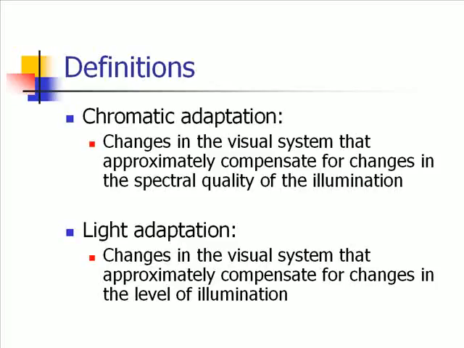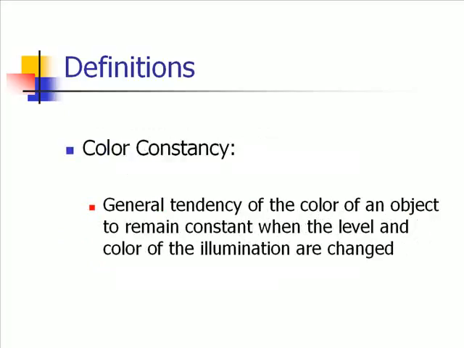Color constancy: the general tendency of a color of an object to remain constant when the level and color of illuminant are changed, similar to what we said before. So those are just some definitions there. And the last one is a real important one that we run into in color all the time. A phenomenon in which spectrally different stimuli match to a given observer. Two objects match under one viewing condition but do not match under another condition.